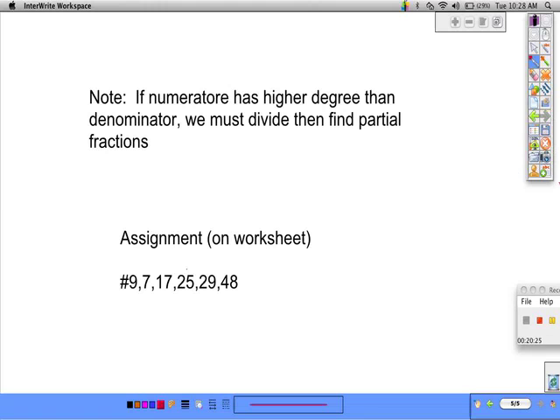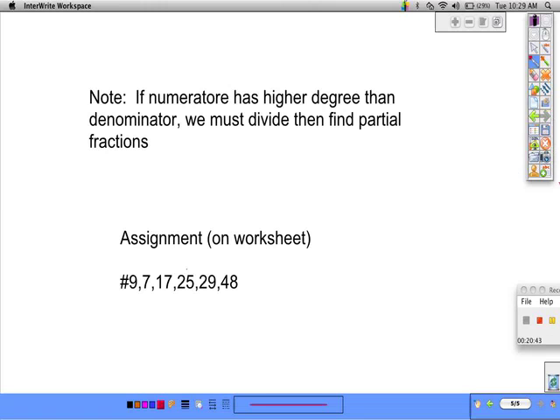One note before you start the assignment, and that is if the numerator has a degree that's higher than the denominator, you have to perform division, long division probably, and write out what that quotient is.